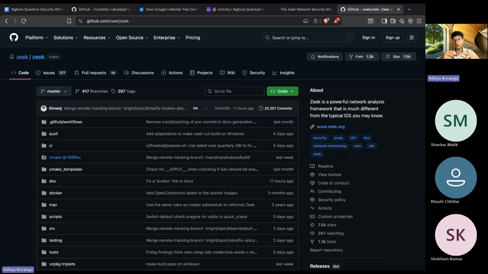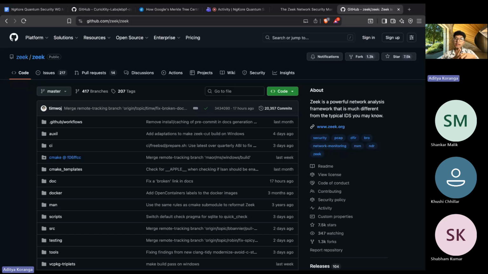So the BPF filter will filter out, let's say, TLS related packets. The whole packet is still coming on. Only the filtering is taking the TLS related packets to the Zeek monitoring, the main monitoring part, and then it gives you logs about TLS. The passive mode is where you do tcpdump and write a PCAP file, and then you pass this PCAP file to Zeek, and it will do analysis on top of it and then give the TLS logs or PKI logs.